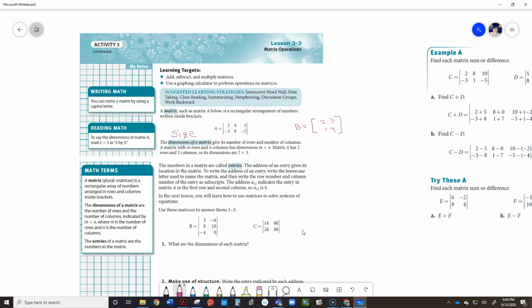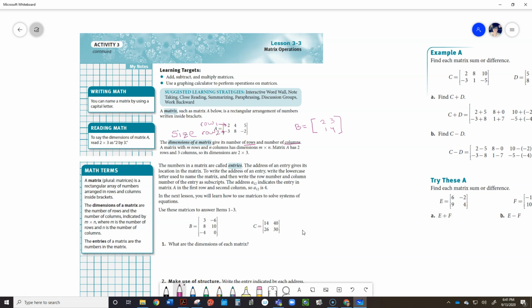The dimensions of a matrix are defined by rows and columns. Rows come first, columns come second. So this is row 1 right here. This is row 2.